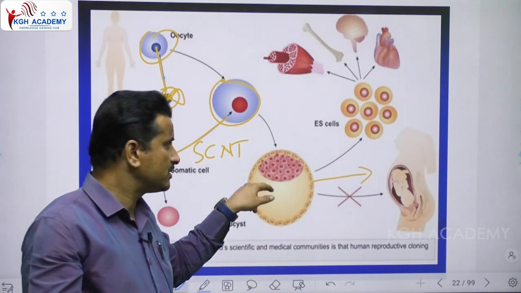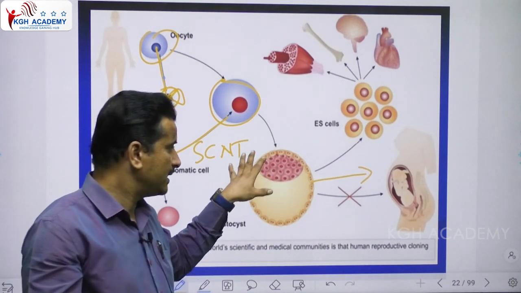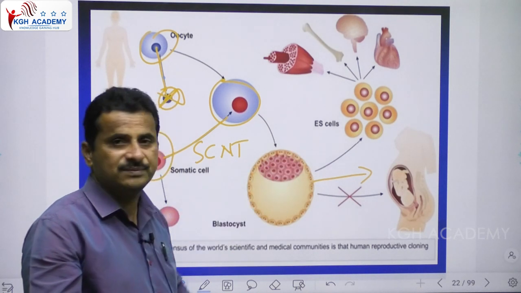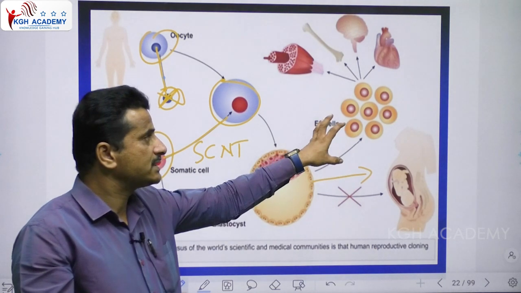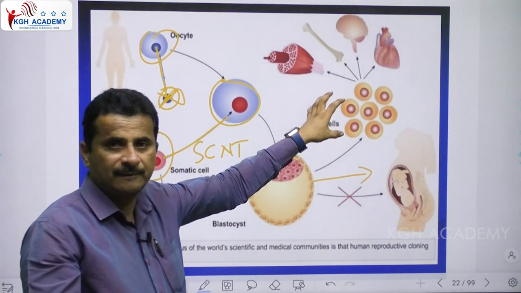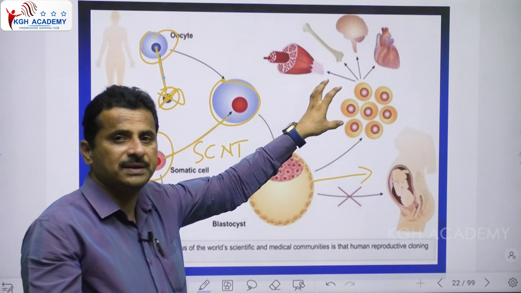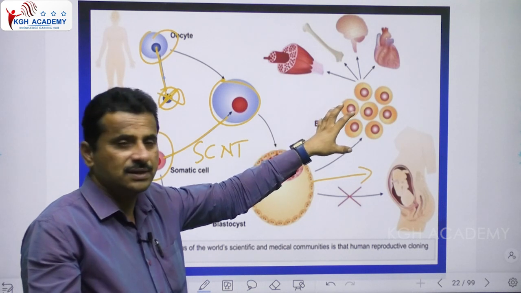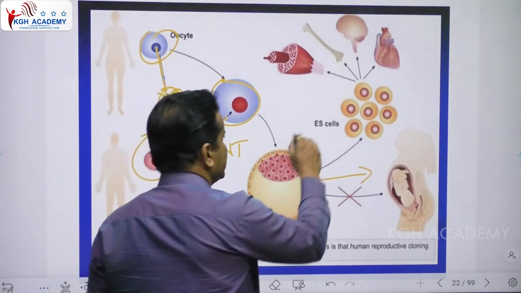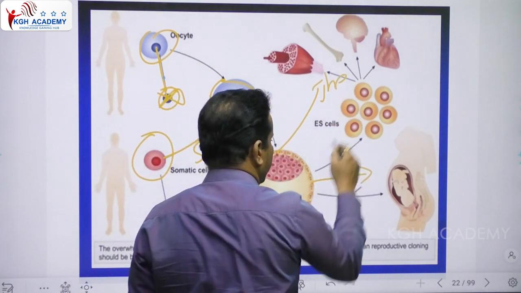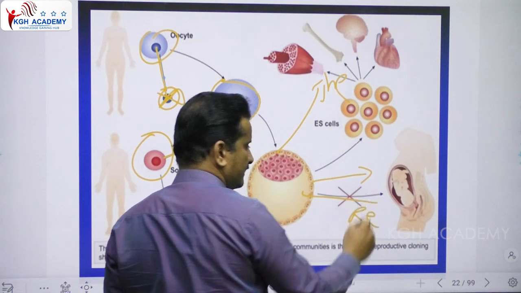In case we use this embryo to isolate embryonic stem cells, and again we use embryonic stem cells for treatment of different disorders in a person, this process is called therapeutic cloning. So this is therapeutic cloning and this is reproductive cloning.